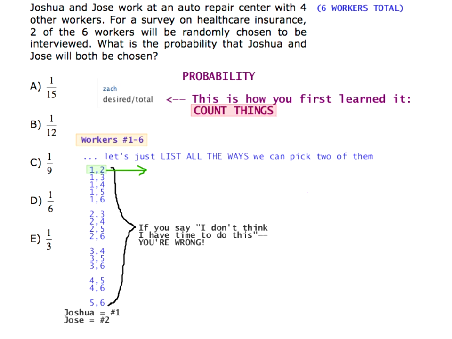So in other words, in terms of our desired and our total, this is the only desired outcome in the list. So using the fraction that Zach described up there, desired possibilities over total possibilities. And that is 1 out of 15.